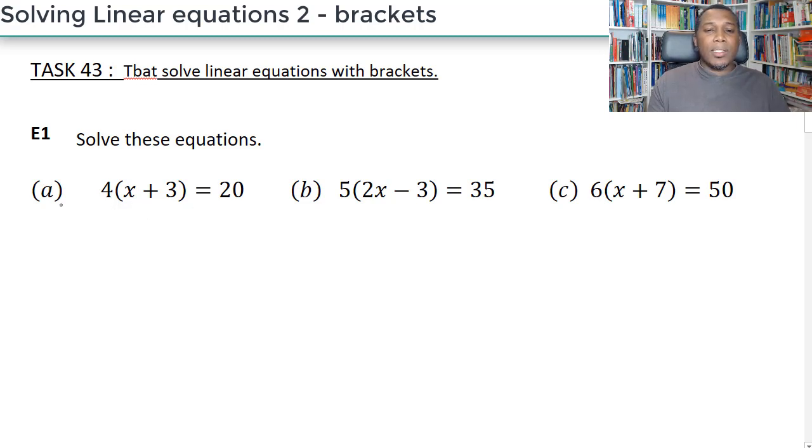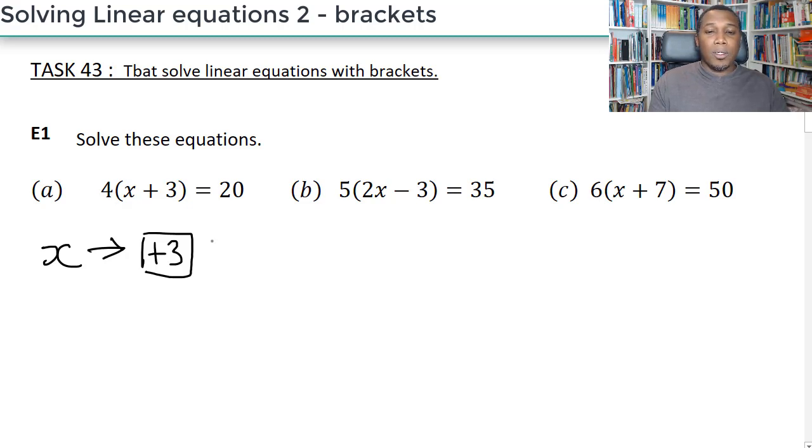Now let's think about problem A as a function machine. X is our input, so x is what we're using first. But what's the first thing that needs to happen to x? What does that bracket do? It has an impact on the order of operations. So what's happening to my number first based on the brackets? That's right, the first operation is the add 3, not the multiply by 4.